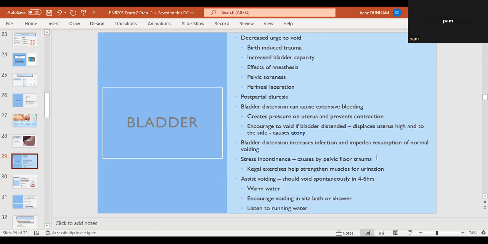It could cause some problems with the urinary. Kegel exercises are always good. Kegel exercises help strengthen the muscles for urination. So they're easy to do. And it helps, especially when you get older in life, and you have strong muscles.